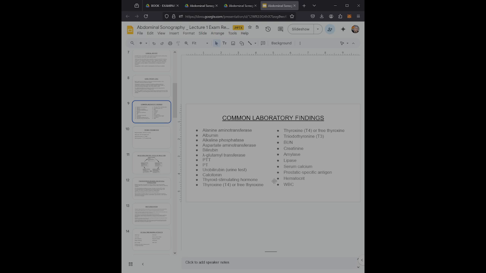Hematocrit. Hematocrit is used to detect packed cell volume, and it is used to identify anemia and polycythemia along with other parameters, red blood cell count, hemoglobin concentration, and so forth.